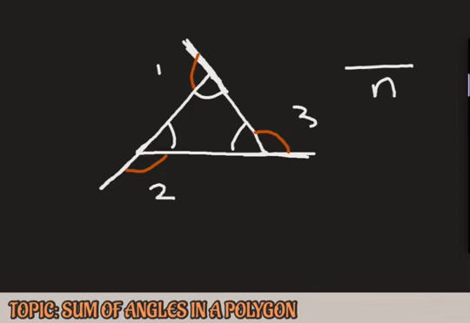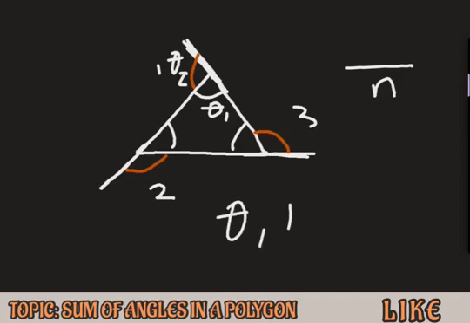Alright, now what is the value of the total exterior angles of a polygon? Now look here. Let's call this angle theta, and let's call this theta 1, and let's call this theta 2. Now you see that theta 1 and theta 2 sum up to give what? 180 degrees. And why?